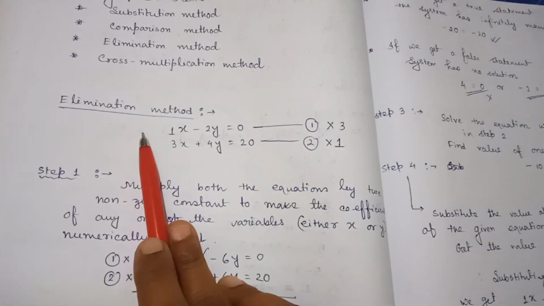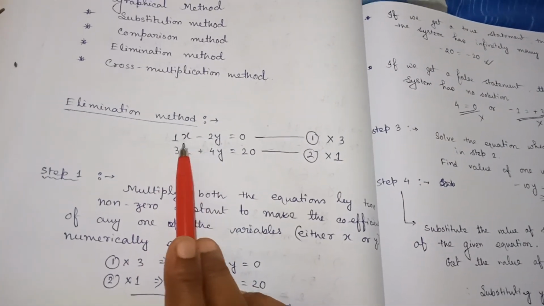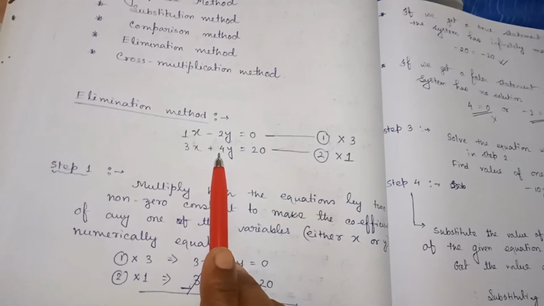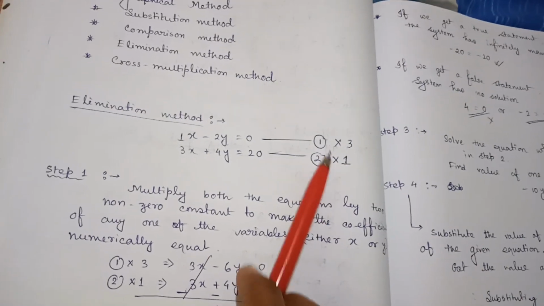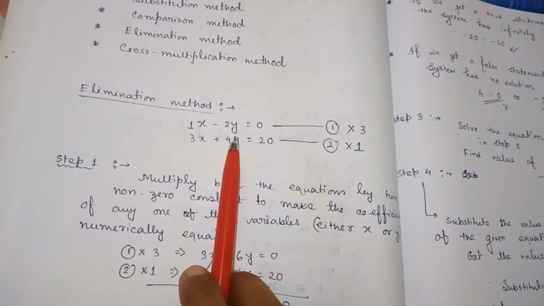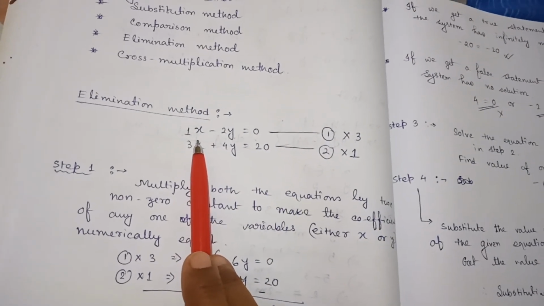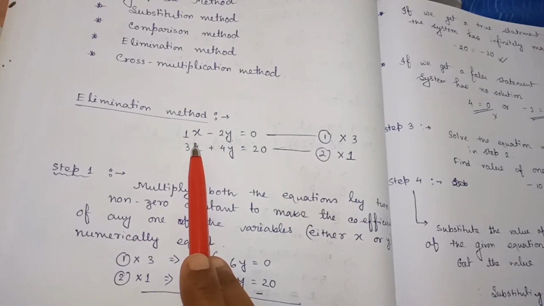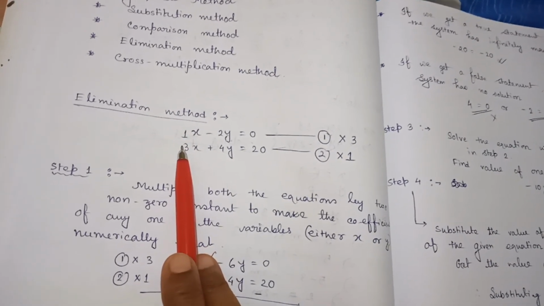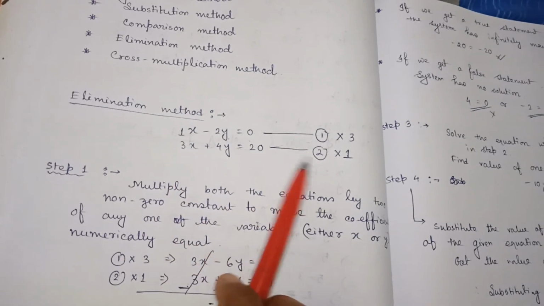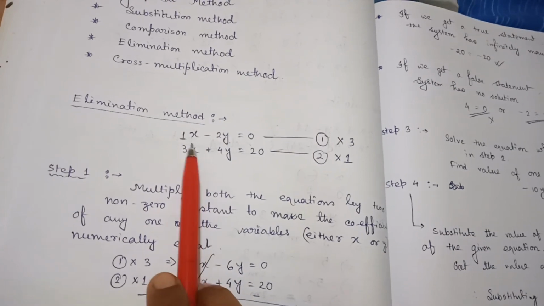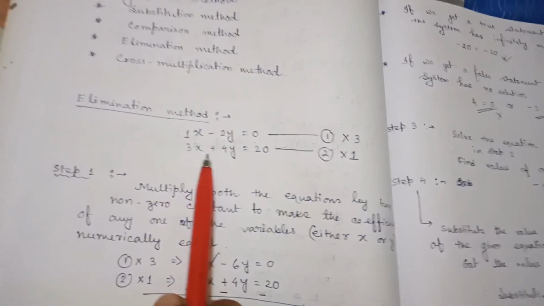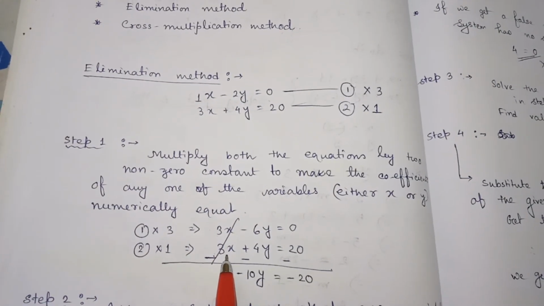I am repeating it once very quickly. Elimination method means you have to choose one of the variables and that you have to eliminate from both the equations. How? By multiplying suitable constants. Now, the variable we want to eliminate, we need to check its existing coefficients, and by multiplying some suitable non-zero constants we have to make those coefficients equal, like this 3x we have done.